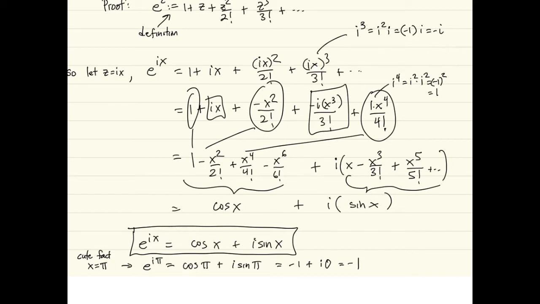And then a cute consequence, a kind of famous one, is that if you plug in x equals pi, we get e to the i pi is equal to cosine pi plus i sine pi. Cosine pi is -1, sine pi is 0, and so this term becomes -1, this term becomes 0, so we're just left with -1.